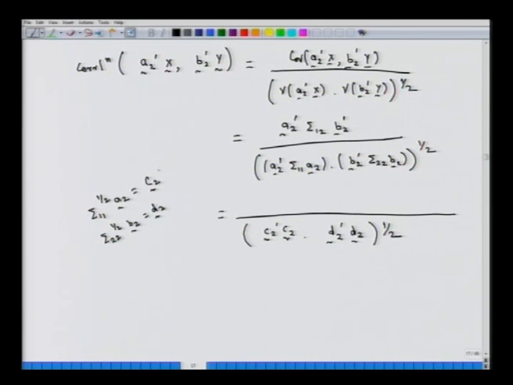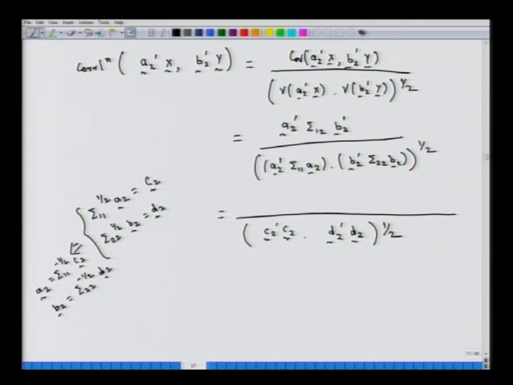And here, if we have this particular definition, this would further imply that our A2 vector is equal to sigma 1 1 to the power minus half times C2, and this B2 vector is equal to sigma 2 2 to the power minus half of the redefined vector, which is D2.